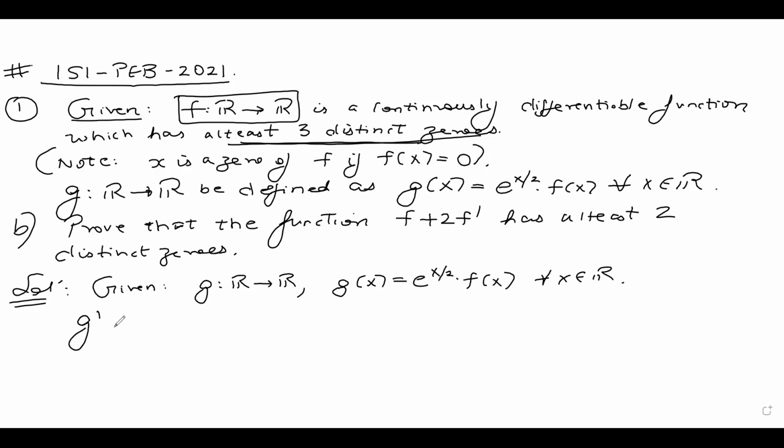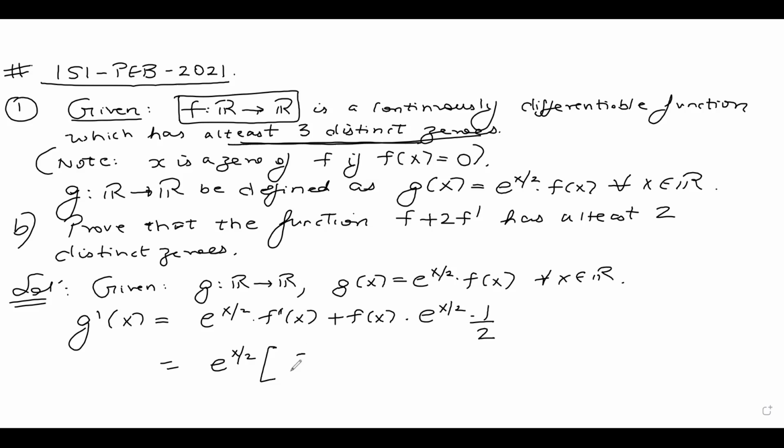If I differentiate this, g dash x will be what? If I apply the product rule of differentiation, it's e to the power x by 2 times f dash x plus f of x into the derivative of e to the power x by 2, which is e to the power x by 2 times 1 by 2. So within this, guys, I can take e to the power x by 2 as common. And I'm left with f dash x plus f of x by 2.